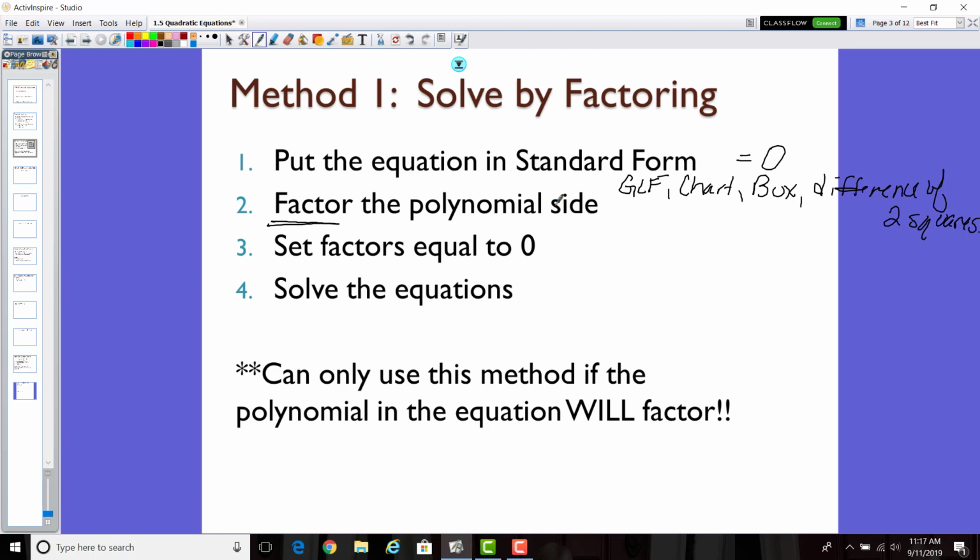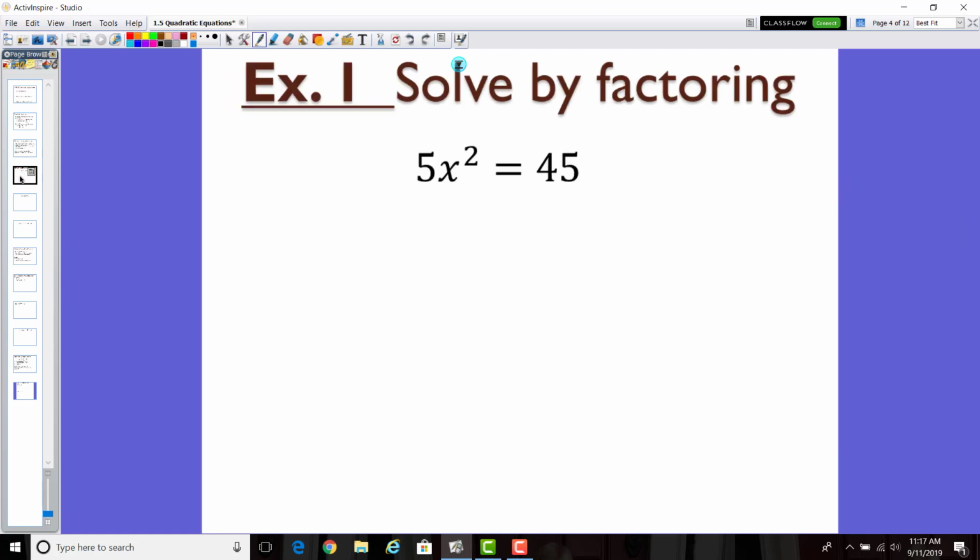Once you have your factors here, when you factor, you are looking for them to be linear factors. Remember, linear means you only have one x. So we are factoring with the purpose of getting that x squared down to x's. You will then set those individual factors equal to 0, and you will solve those equations to find your solutions. Okay, you can only use this method if you can factor.